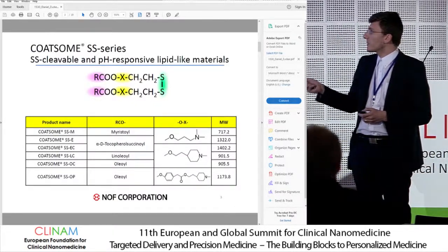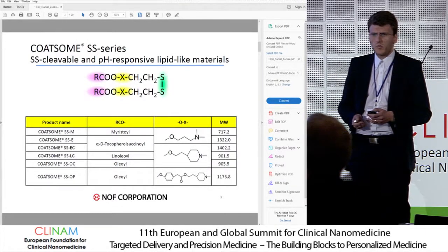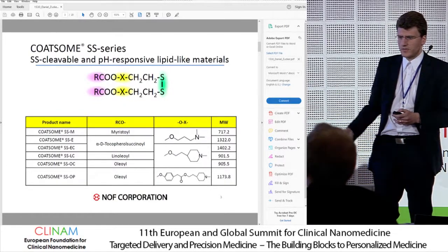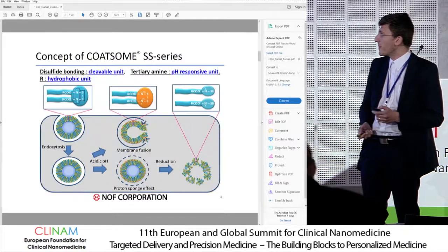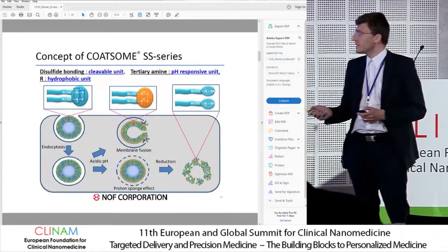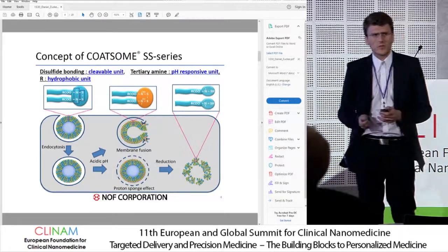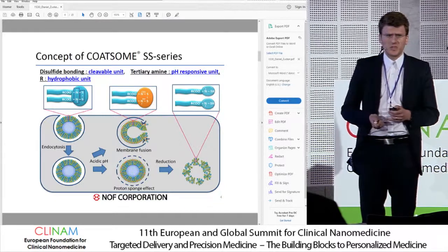And we can also vary the hydrophobic part by attaching different fatty acids or tocopherol succinyl. So the tertiary amines are important in order to complex the nucleic acids and encapsulate them in lipid nanoparticles.